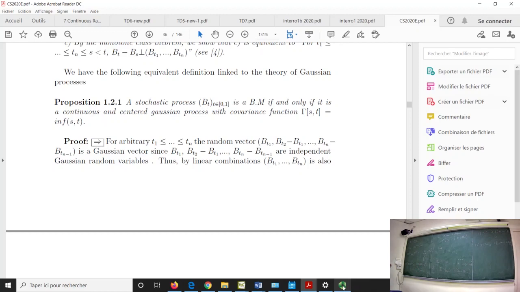So what I have here is just the integral between 0 and capital T of the indicator function of [0,t] at u, times the indicator function of [0,s] at u, du. What is this integral?